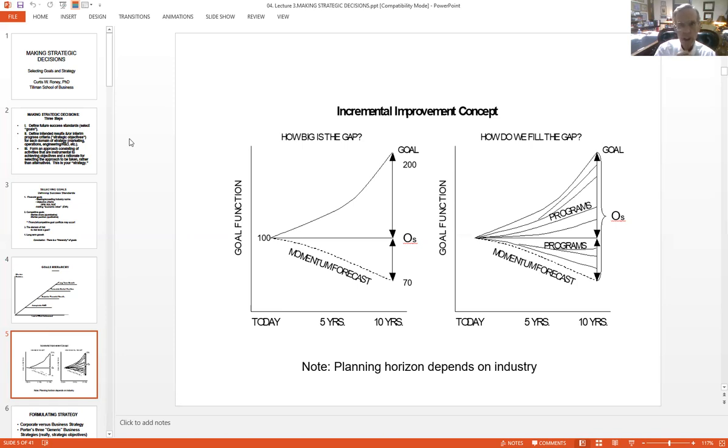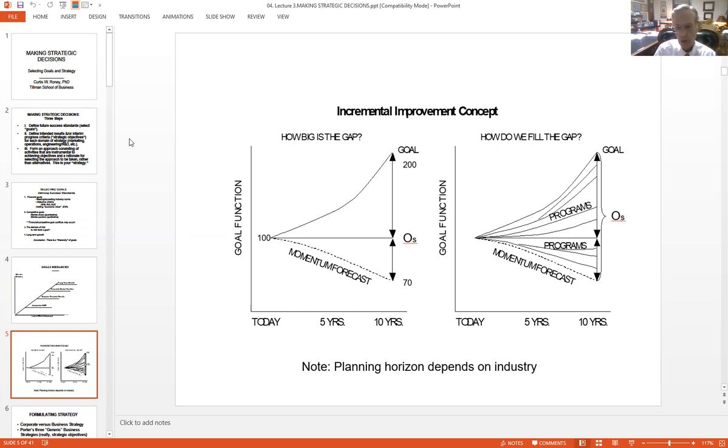If we don't change our strategy, over time, technology, competition, change will result in our competitive position being reduced and weakened. And so if we don't change strategy, you can see that the momentum forecast indicates that eventually our performance will decline.